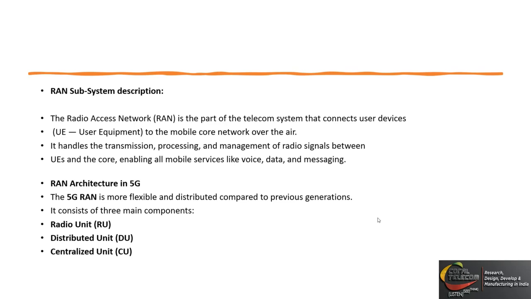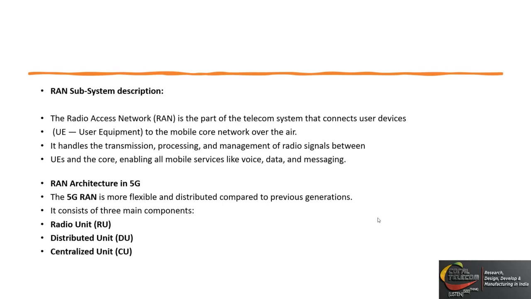It connects user equipment to the mobile core network over the air, because the wireless Uu interface is implemented in the radio access network. Via the Uu interface, the mobile or UE is able to connect with the 5G network system. It can become a part of the 5G network and reach seamless functionality over 5G.